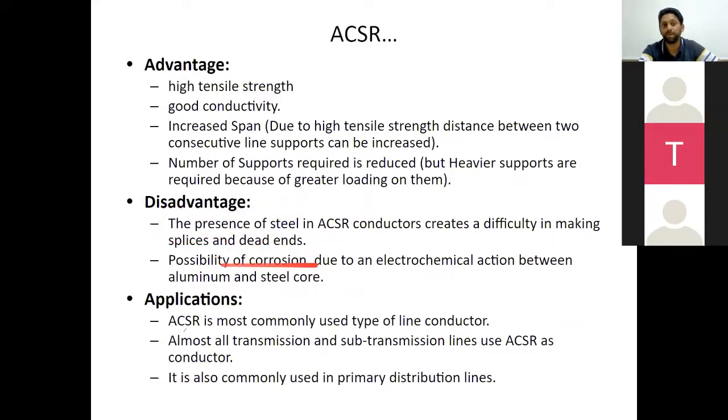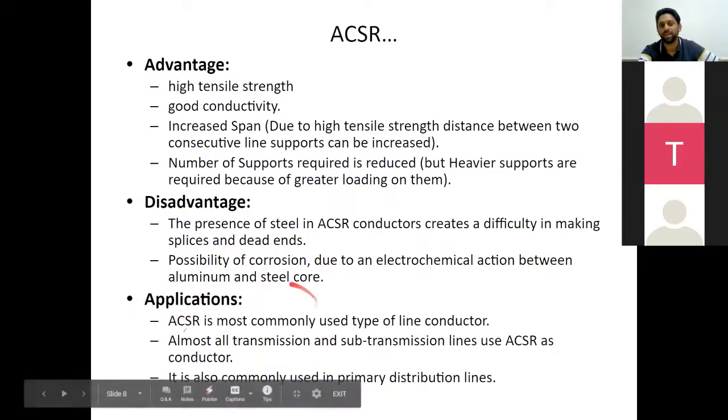Also, there is the problem of corrosion. I hope you know what corrosion is. If you put this iron piece in the ground, after a few days it will be damaged, right? Aluminum does not get damaged, but steel will. That damage is called corrosion. So the chance of corrosion is more for ACSR conductors.